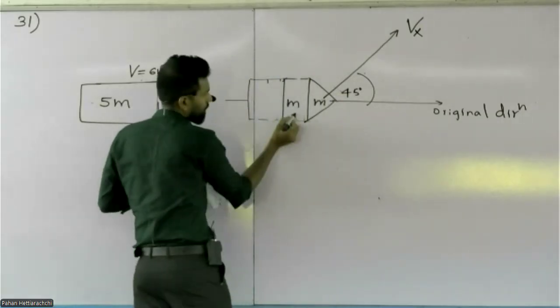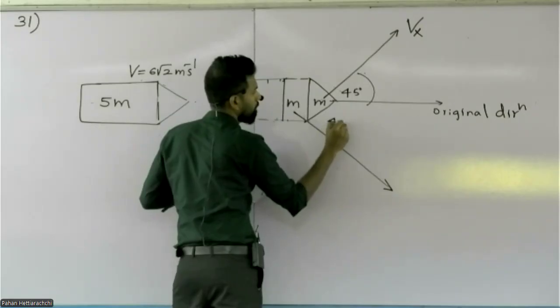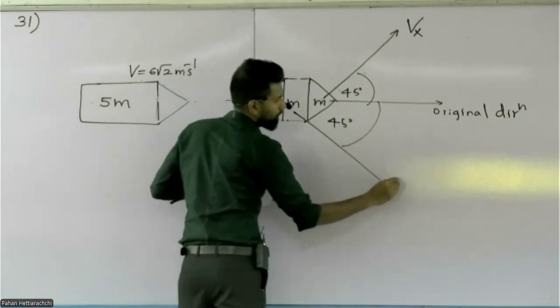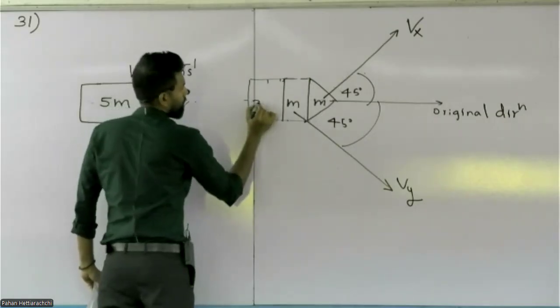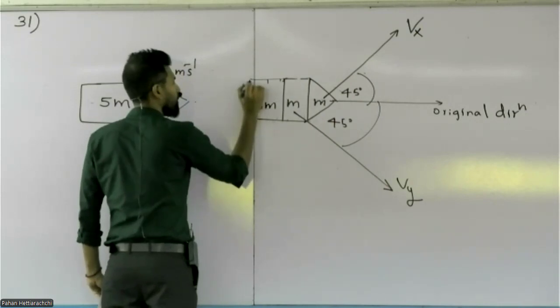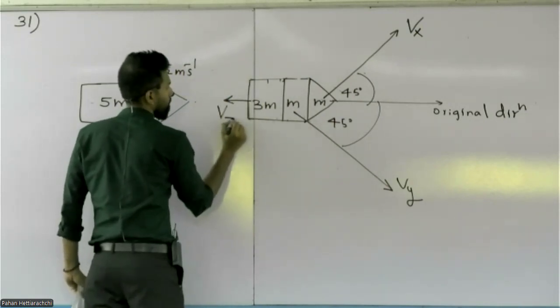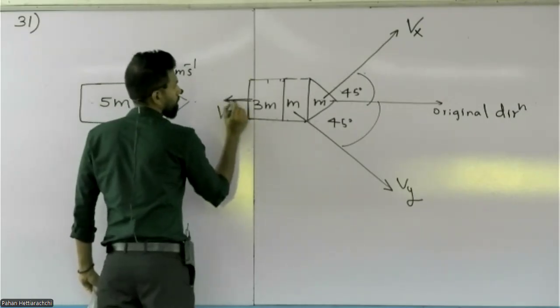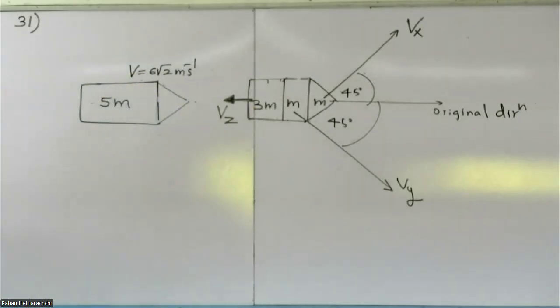The other smaller fragment m moves in this direction at an angle of 45 with vy. And the other part having a mass of 3m, altogether 5m, moves in the opposite direction with vz. Now the diagram matches the conditions they give. So this is the situation.